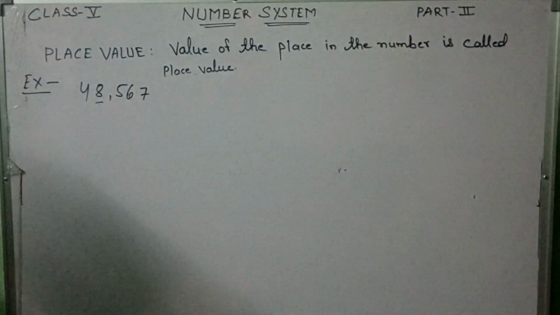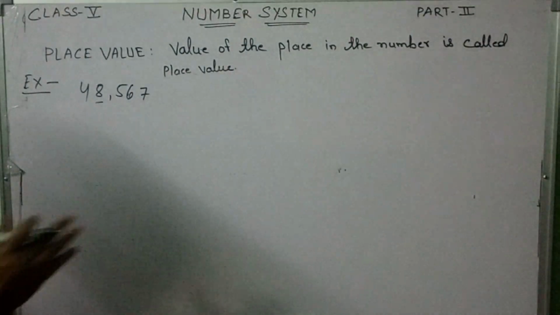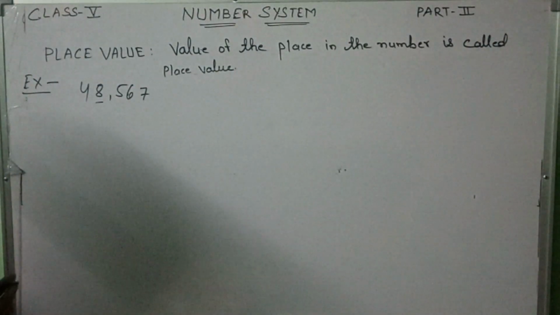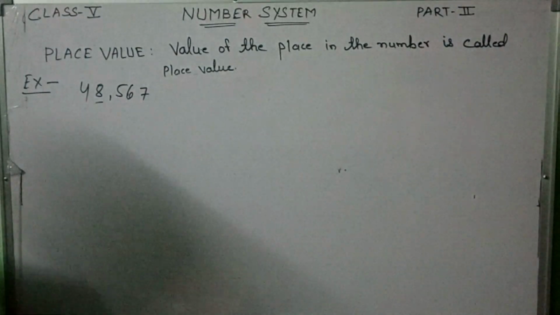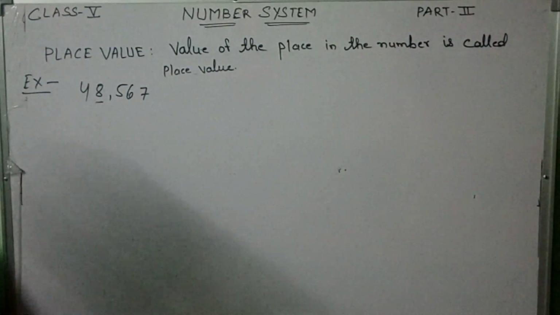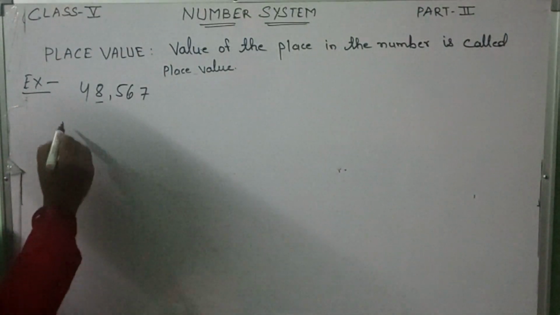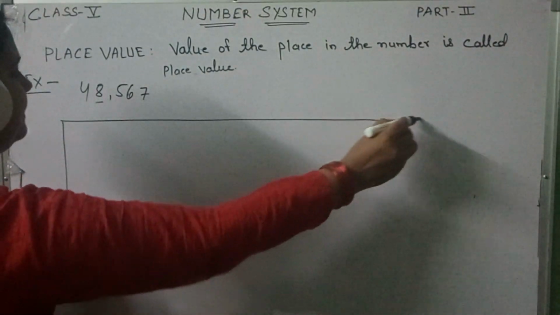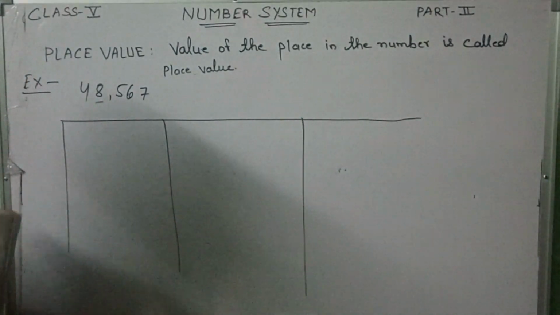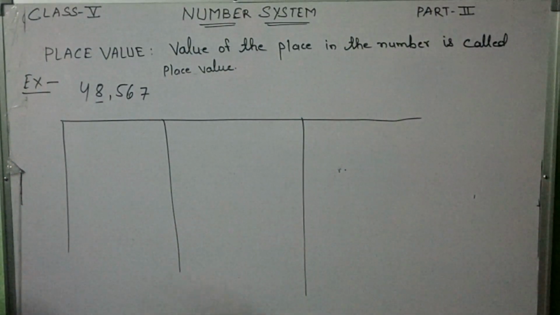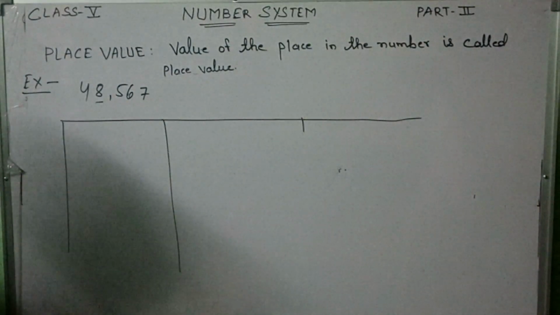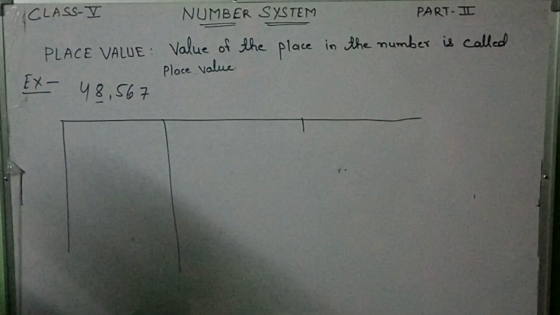Now we will find the place value of each digit. For that, what do we have to do? First, we have to make 3 columns.